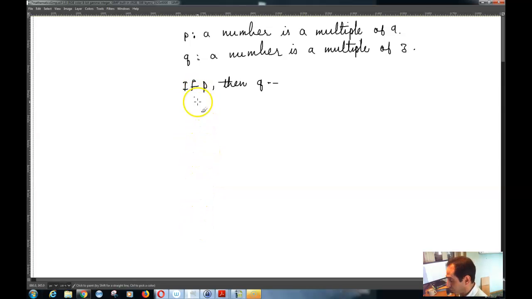And in one of those, basically in one part, we said that Q is a necessary condition for P.